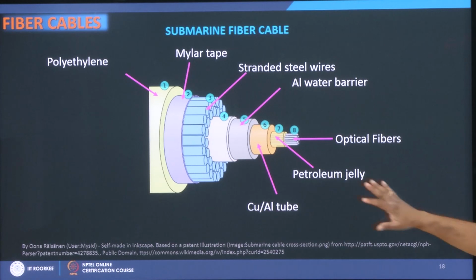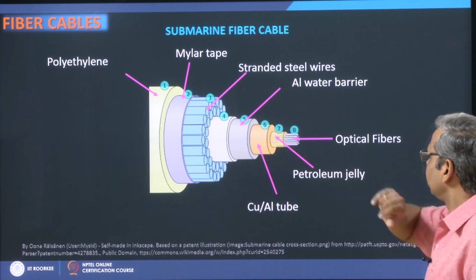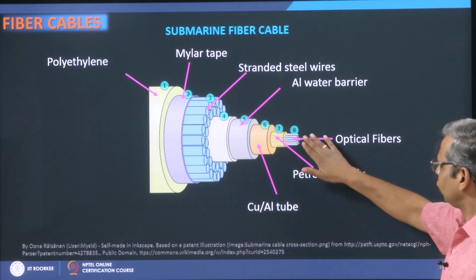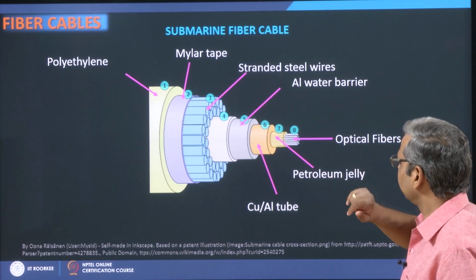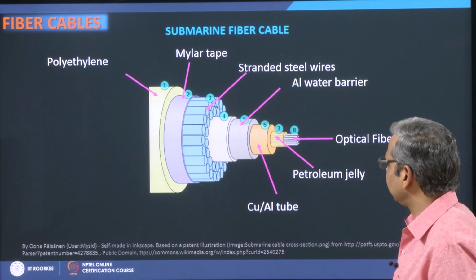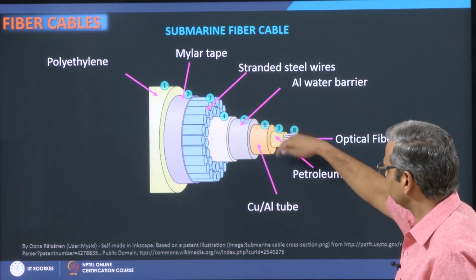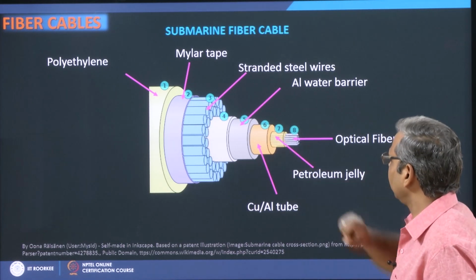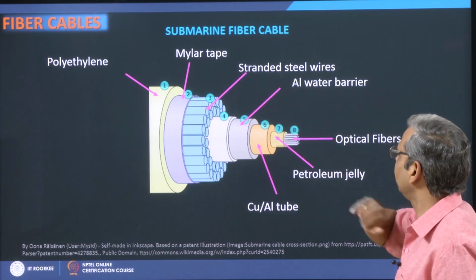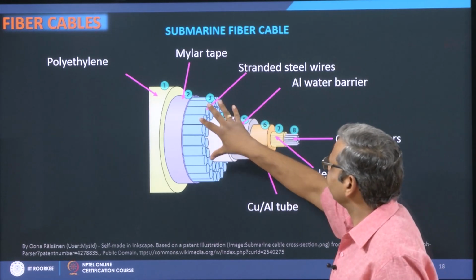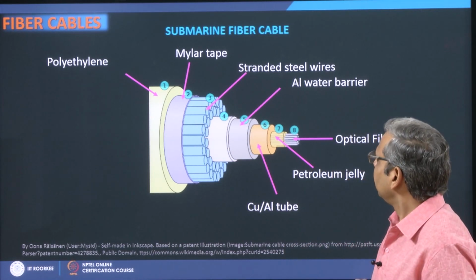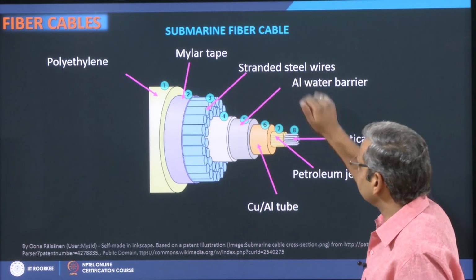This is a typical fiber cable which you put on seabed. So it has got these optical fibers, then to remove friction between them you put some petroleum jelly, then you house them into copper or aluminum tube, then you put a water barrier made of aluminum, then you give strength to these fibers by using stranded steel wires.